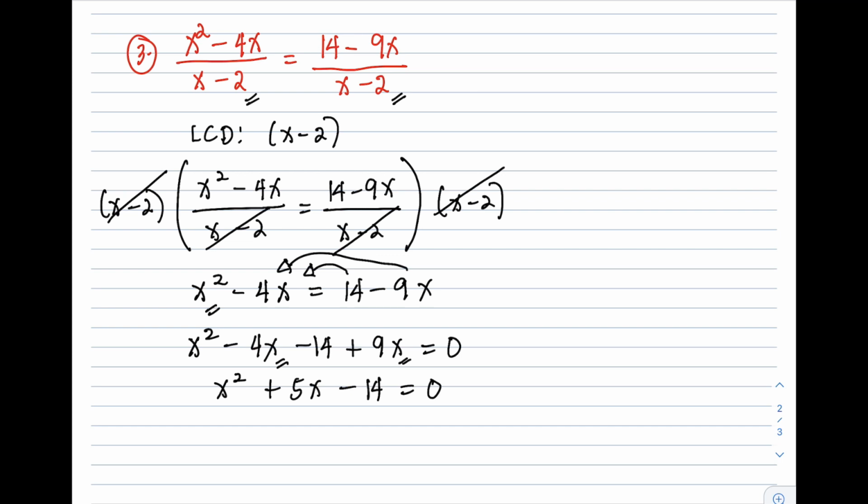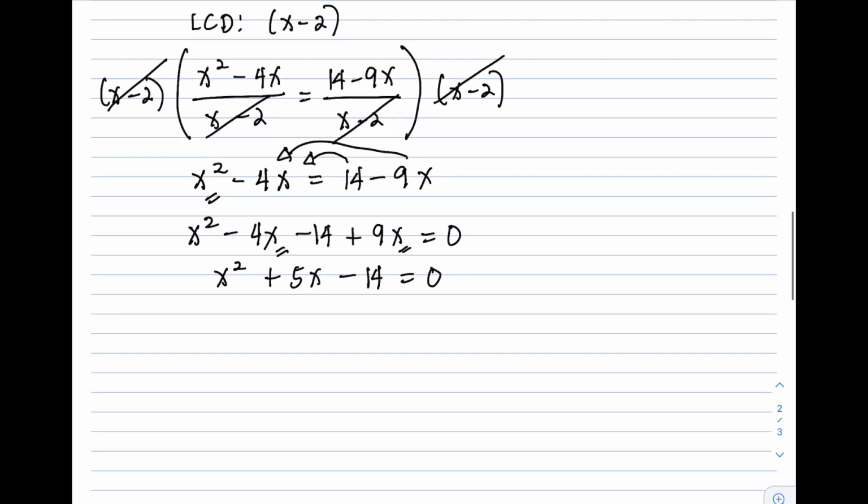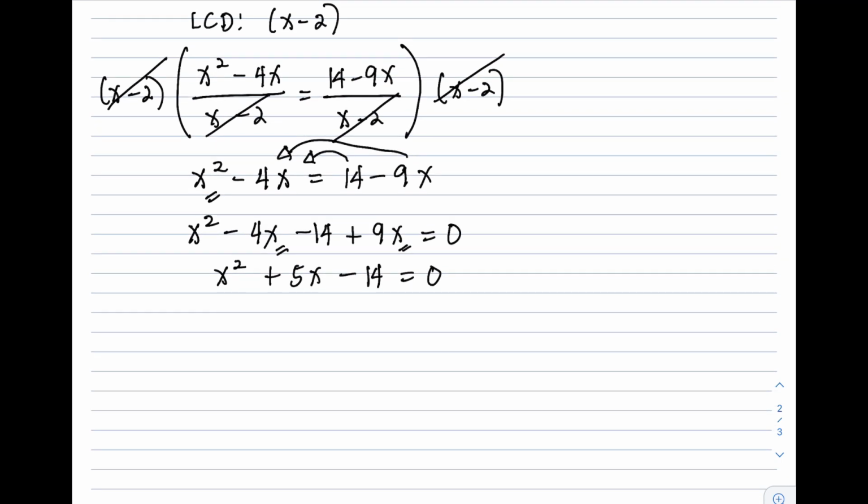So, para makapag-solve tayo ng ating quadratic equation, ang gagawin natin dito is ipa-factor natin. Since factorable yung ating quadratic equation. So, we have x and x. So, negative 14. Factors ng negative 14 na pag pinag-add natin, we have positive 5.